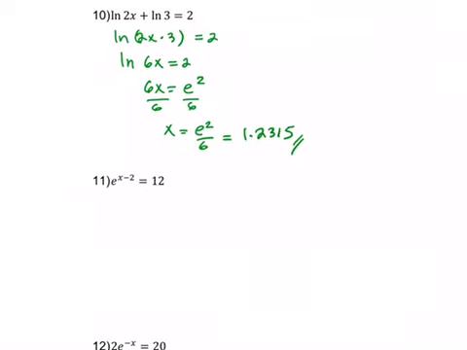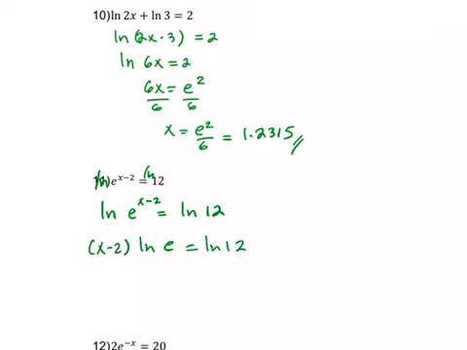On number 11, I have an exponential form, so I'm going to use the logarithm to solve it. So I'm going to apply the natural logarithm on both sides of the equation. So that means that I have the natural logarithm of e to the x minus 2 equals the natural logarithm of 12. Right, using the properties, I have x minus 2 times the natural logarithm of e equal natural logarithm of 12. This is the same as 1.